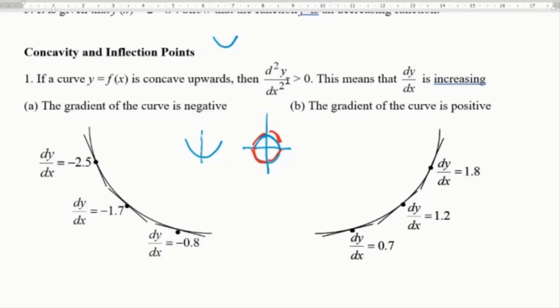If you want to know, you need to compare with dy/dx. Look at both together, then only you can identify it. If you only look at d2y/dx², you can only know that it is upward only. You do not know whether it is positive or negative. Okay.